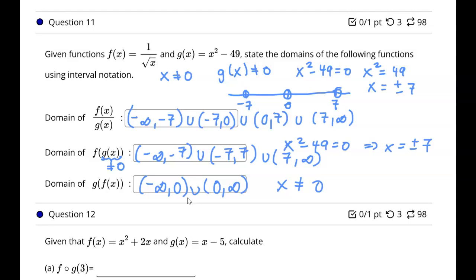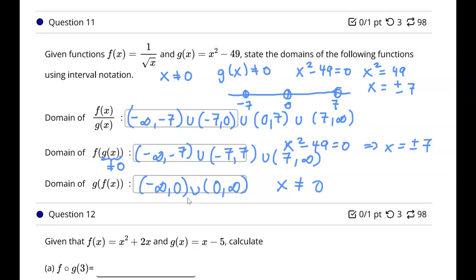So for our first example, we had to look at what would make g of x equal to 0, since we cannot divide by 0. But since we had f of x in the numerator, 1 divided by the square root of x, we also couldn't plug in 0. So we had 3 excluded values. For our second example, we have f of g of x.